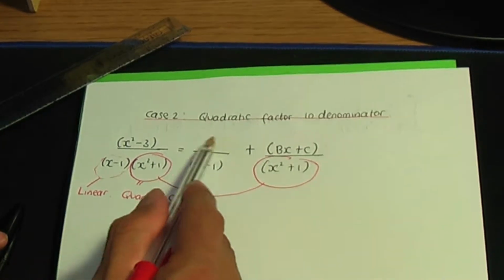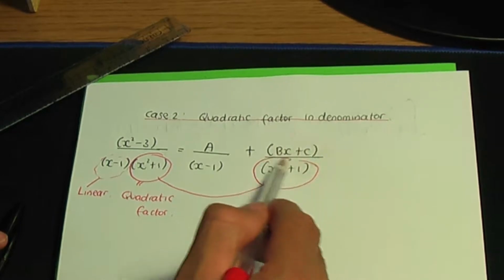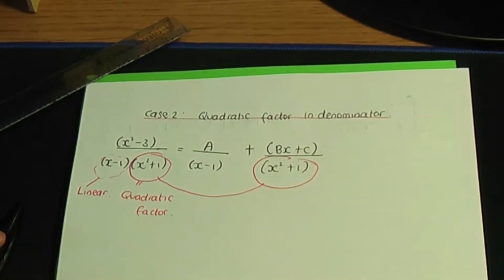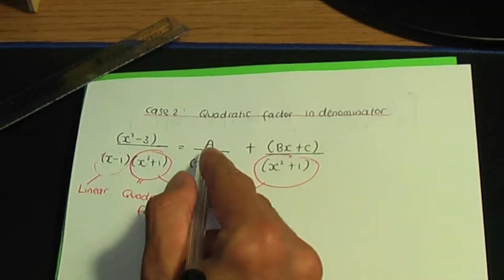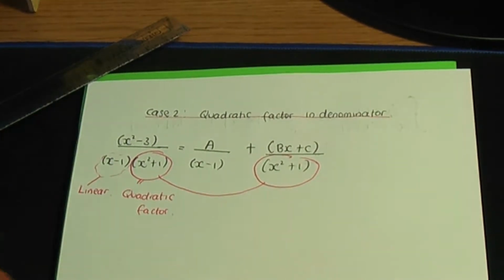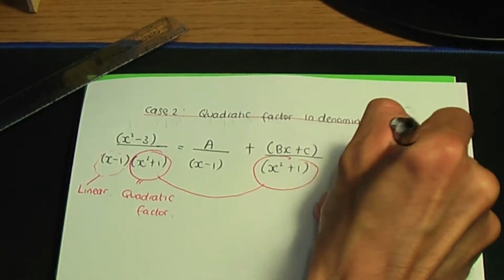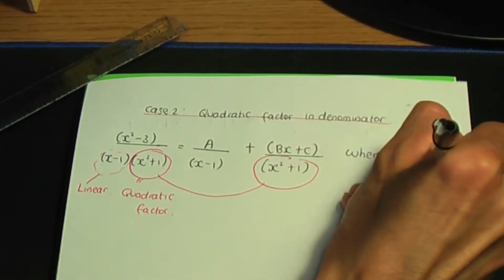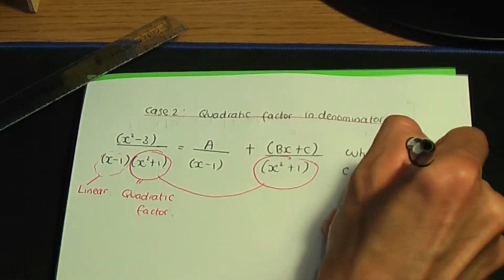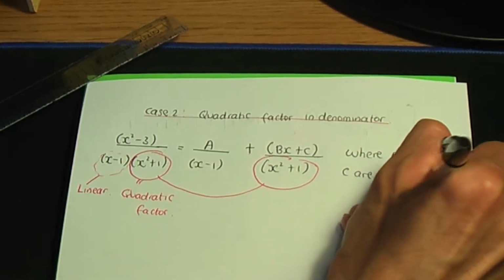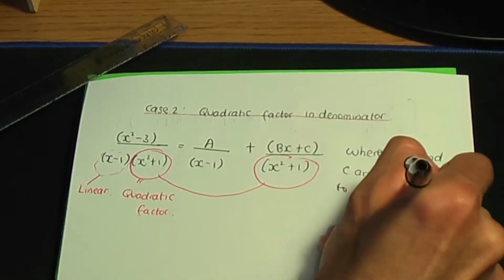So it's a divided by your linear plus bx plus c divided by your quadratic. Once again a, b and c are constants to be found.